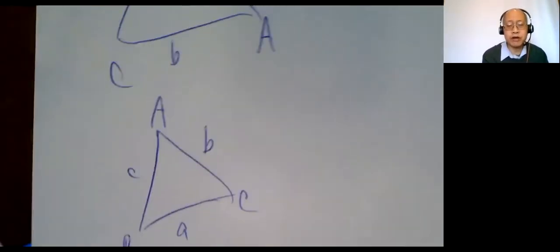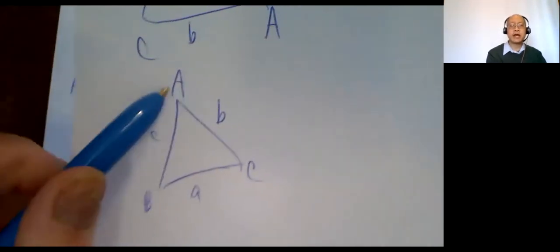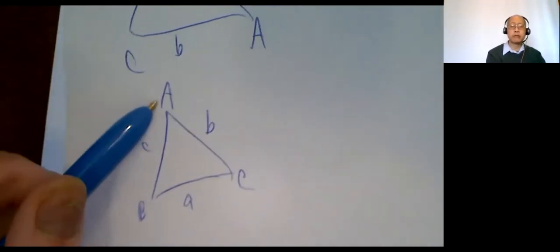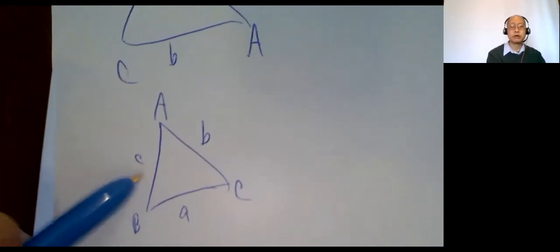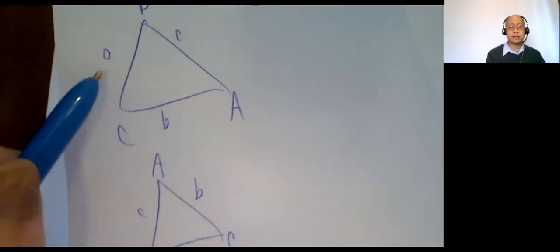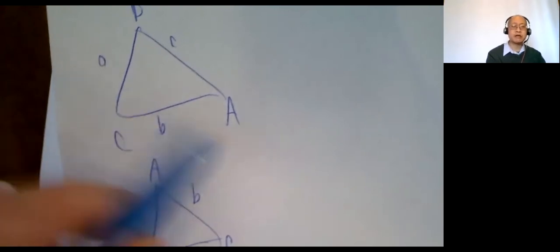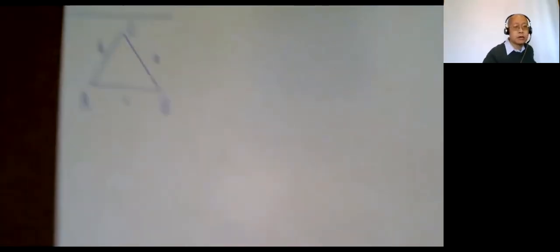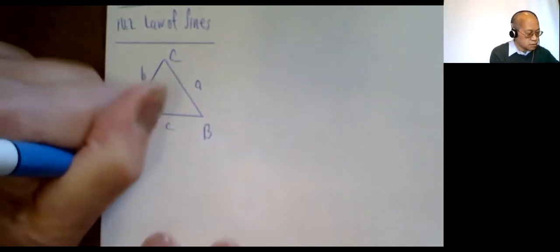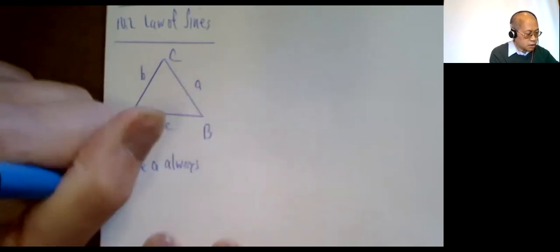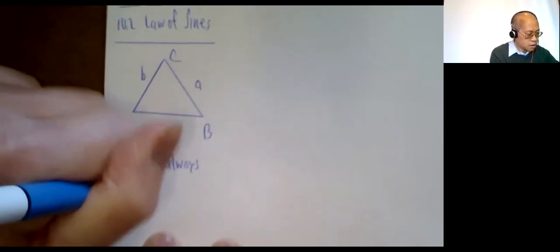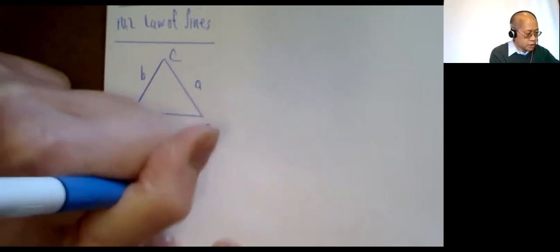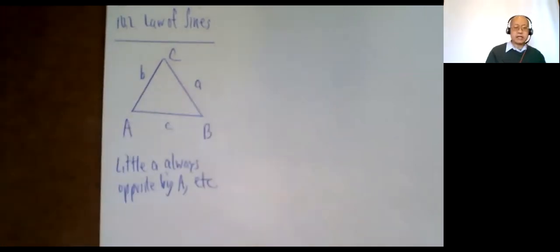Okay, so you have a little bit of freedom in labeling. So you can plunk down A, B, and C capital anywhere you want. But once you do that, little a, b, and c are determined. And likewise, sometimes you can just plunk down little a, b, and c anywhere you want, but then you have to put the capital letters always opposite, okay? So little a always opposite big A, and so on.